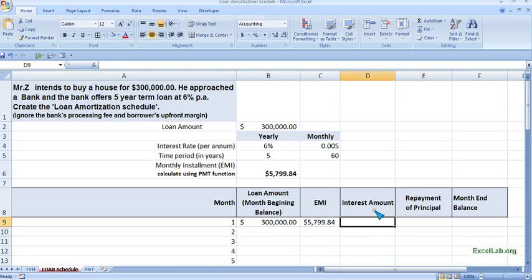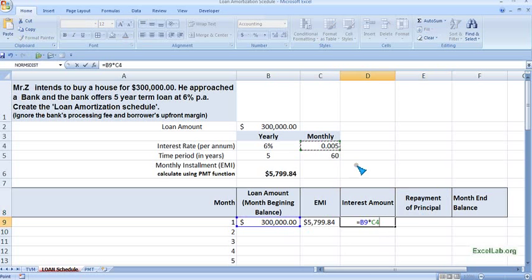Move to next, which is the interest amount, and the next one is the principal. These two are the components of EMI. We know that EMI is made up of interest and principal, so we will bifurcate it. Equal to, the interest amount, which is on the beginning balance, multiplied with the interest rate, which is monthly.